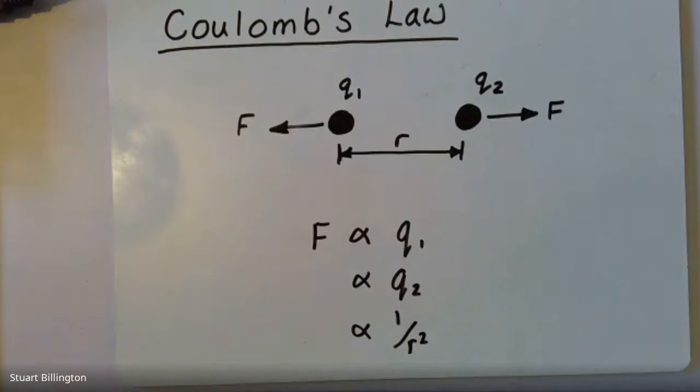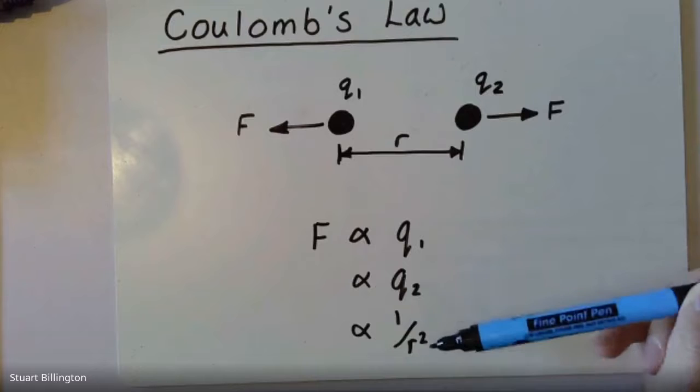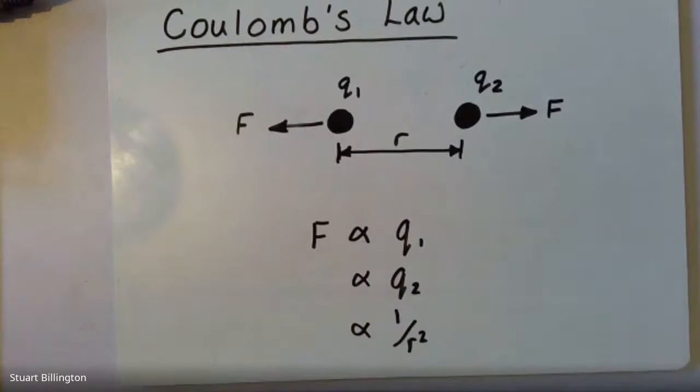And this should be familiar to you from the gravity topic that we did, in which a very, very similar arrangement took place, in which these were the masses of two objects, and again it was an inverse square law.